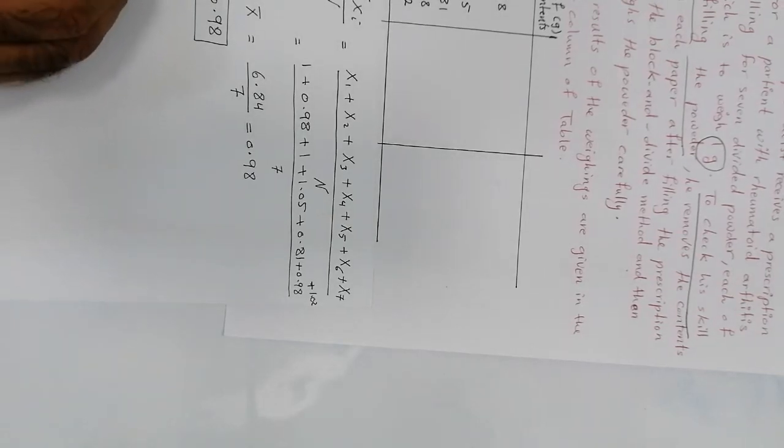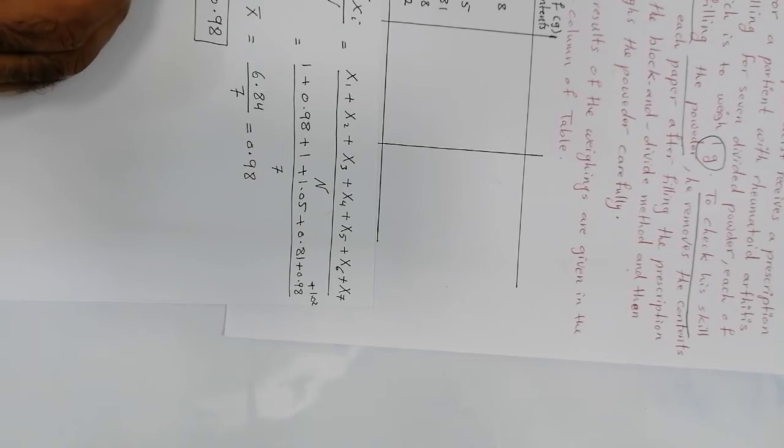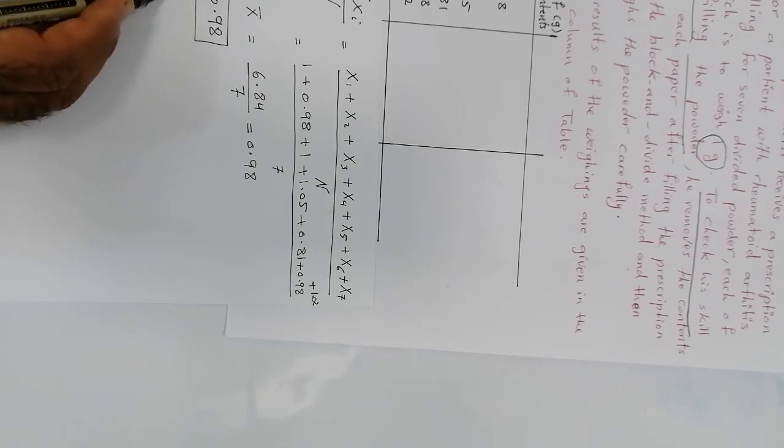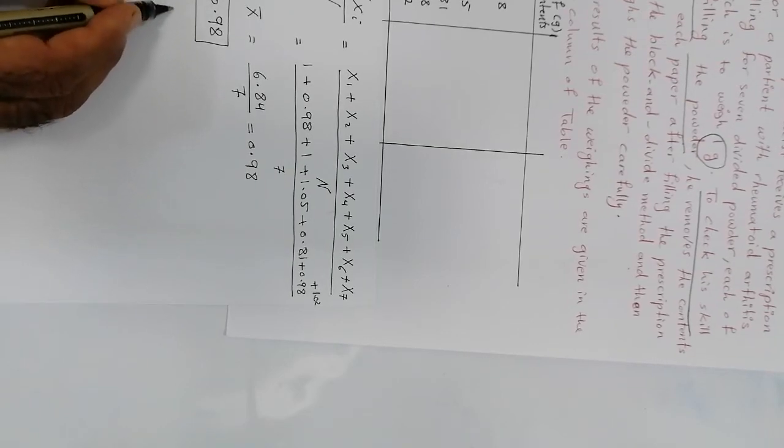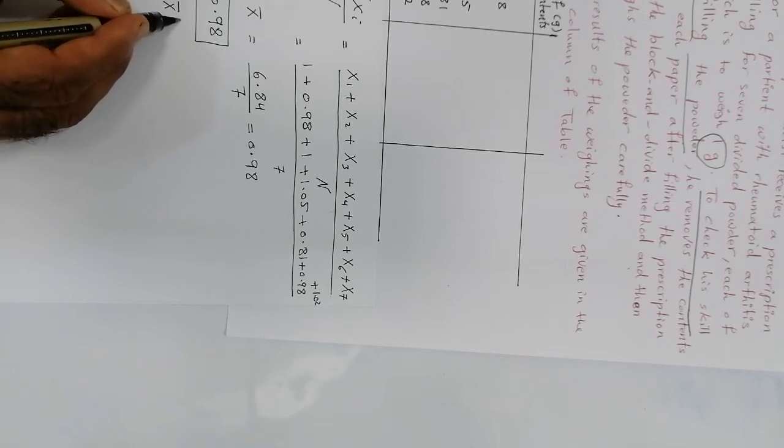After that, we must calculate the deviation. The deviation is the absolute value of xi minus the mean.